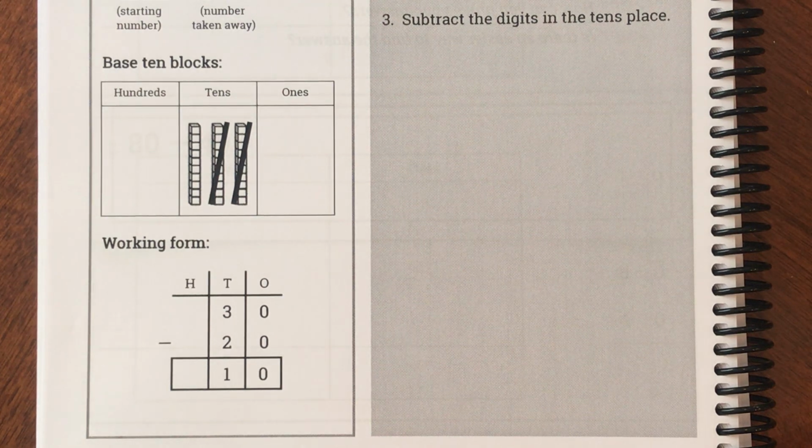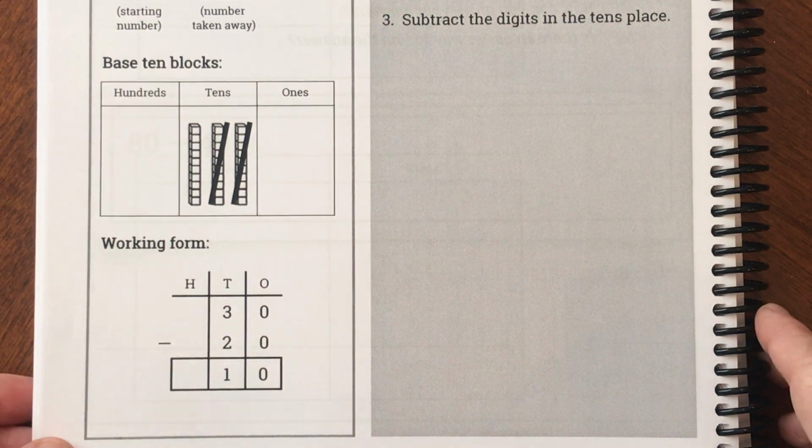Then they're reminding us about our draw a picture strategy. For adding and subtracting, our draw a picture strategy is a little bit different because we are only going to draw the minuend. So when we added, we drew both numbers. Today we're only drawing the minuend, and then we're going to subtract the subtrahend. And then they're also going to have us do working form.